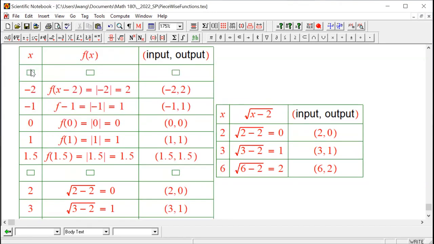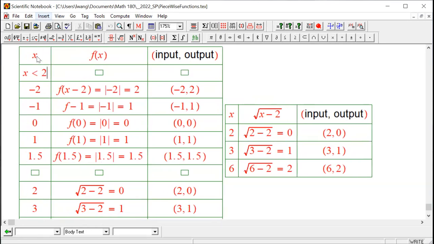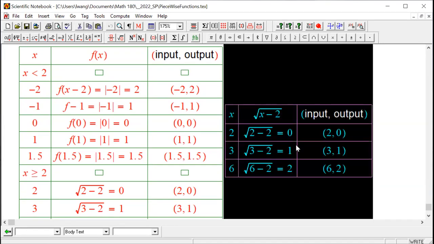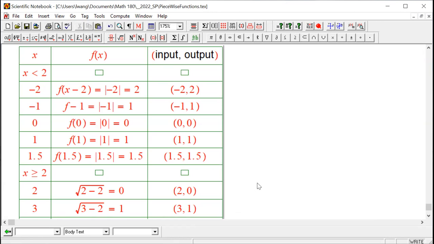This piece is for x less than 2, and that piece is for x larger than or equal to 2. So using one table, you can construct one table.